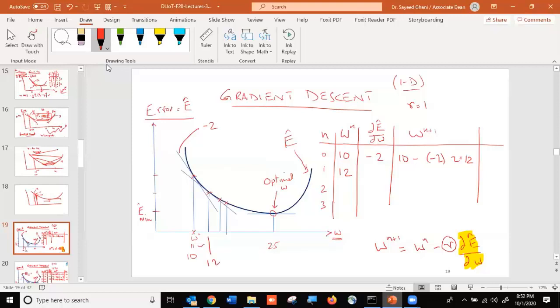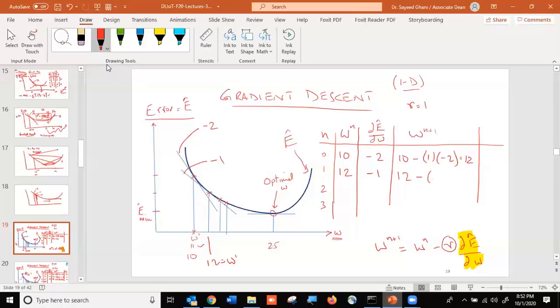We jump over here. This is now W1. We take the slope over here, and it comes out to be a bit less. You can see it's probably -1. So now we take 12 minus r, which is 1, times the slope, which is -1. Sorry, I did that wrong.